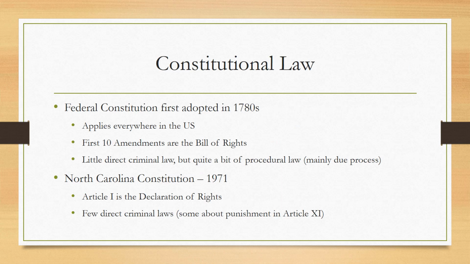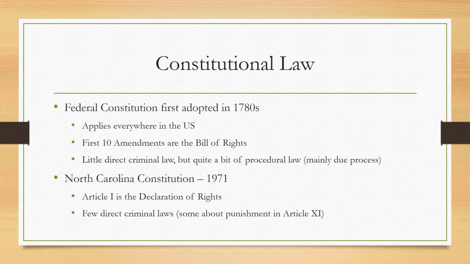The U.S. Constitution was written in the 1780s, more than 200 years ago now, and of course it applies everywhere that is part of the United States. And we are particularly focused for the criminal law on the first 10 amendments of the Constitution, the so-called Bill of Rights. Now, the interesting thing about the Constitution is there's very little direct criminal law.